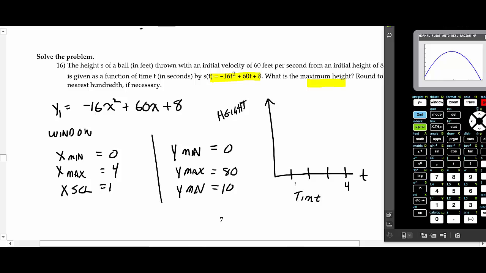You need to always label those so that I know what they represent. And then we'll go 10, 20, 30, 40, 50. You don't have to label all of them, but enough so that I clearly see what it is. The time is in seconds, and the height is going to be in feet.